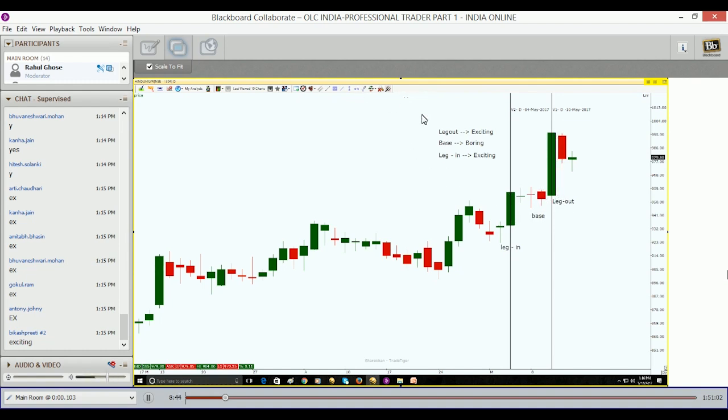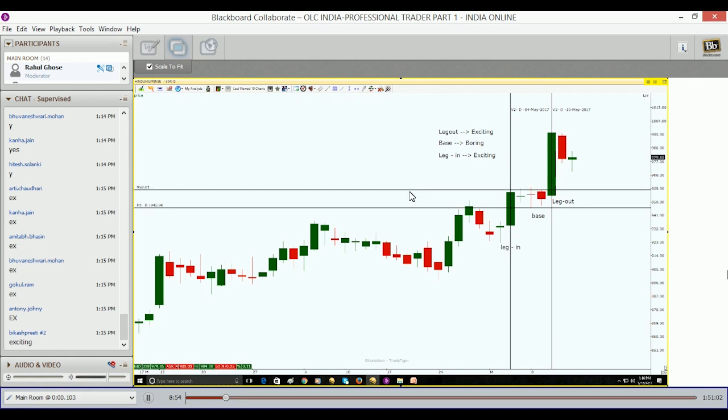What do I mark? I mark the lowest wick of the lowest base, and I mark the highest body of the highest base.